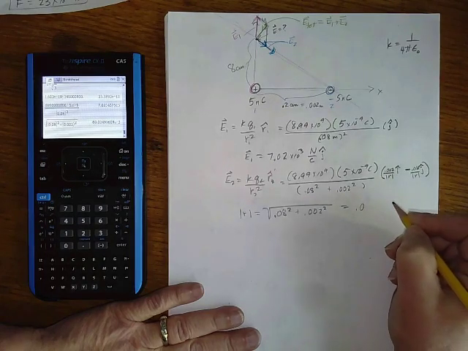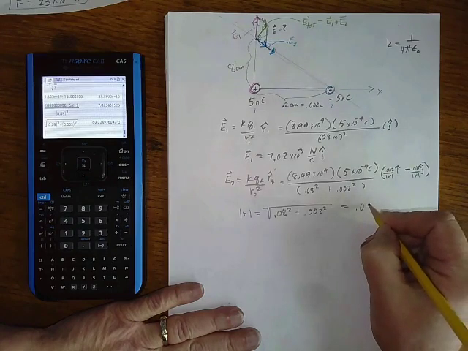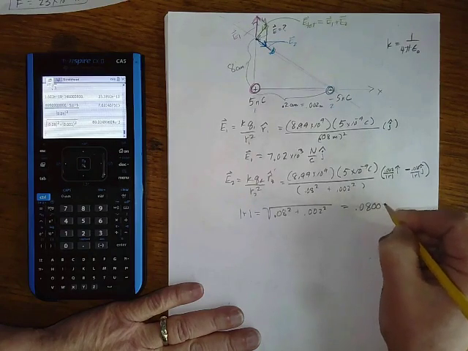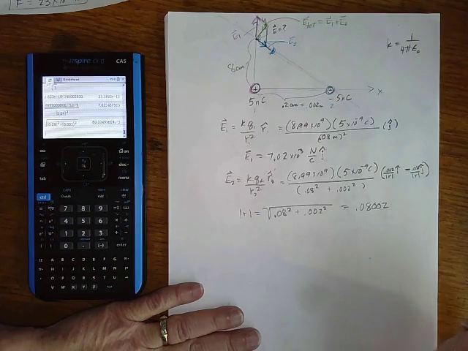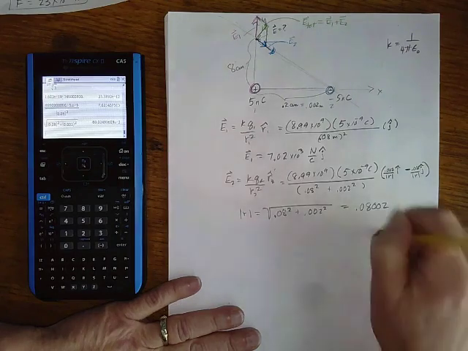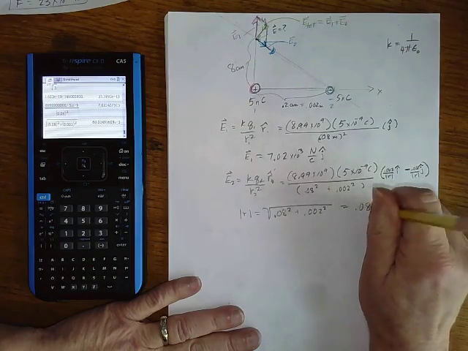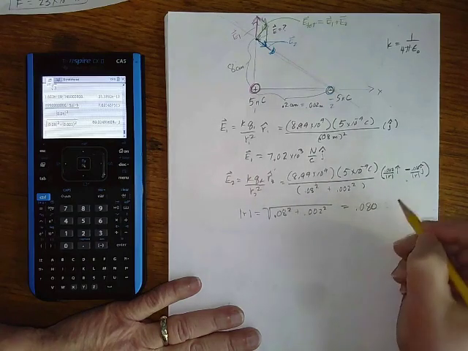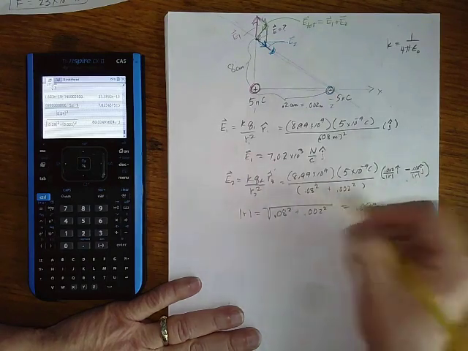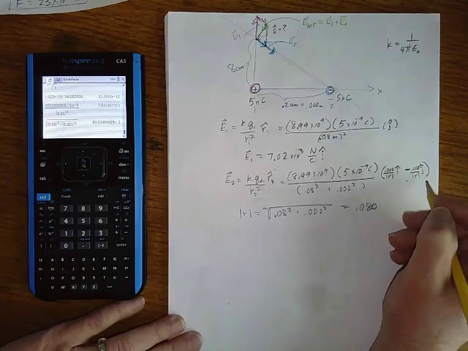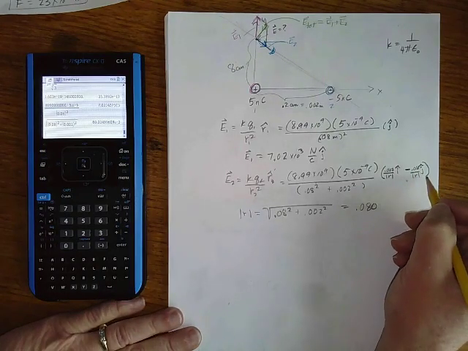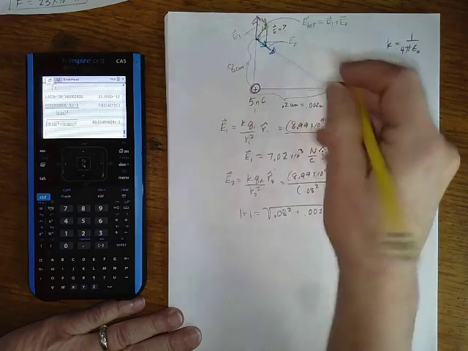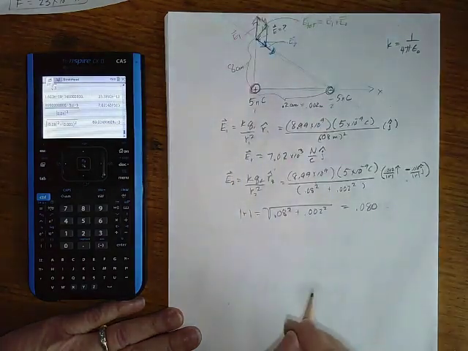I didn't pick very good numbers, but anyway, we get 0.08002. So very, very close to just being 0.08. Well, let's just go with it. Rounding, it is 0.08. Technically it doesn't matter, rounding errors wise. It comes out very close to this length because of the scale of things, but we'll go with it.